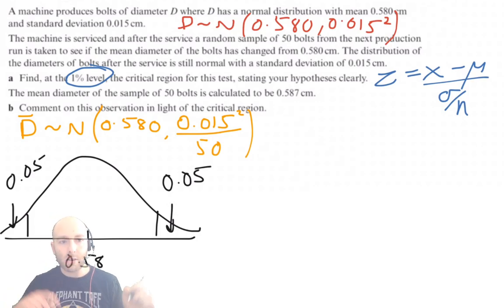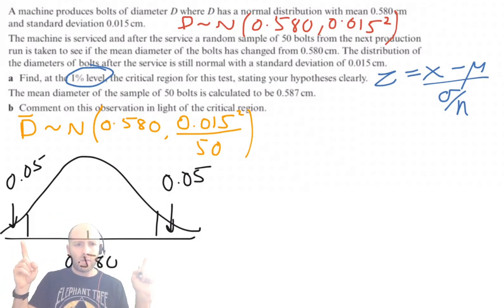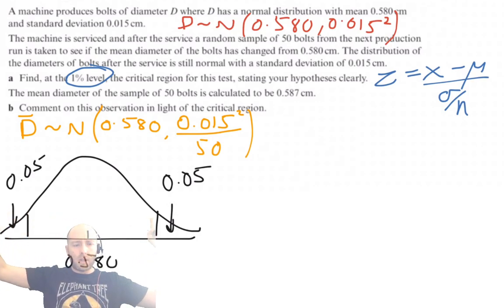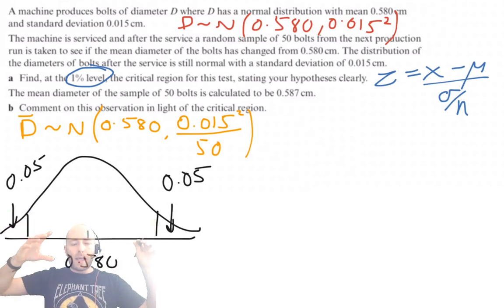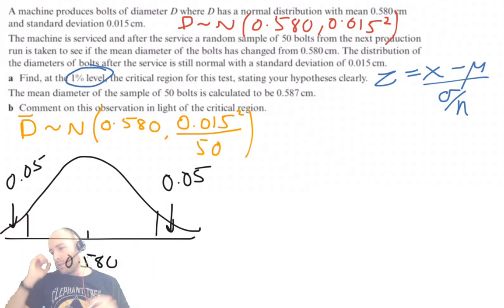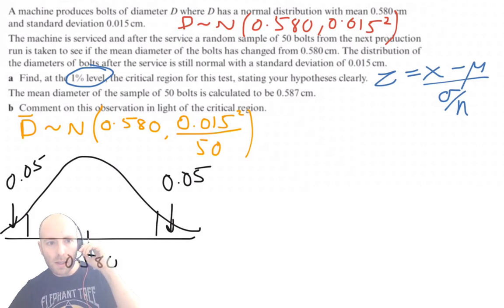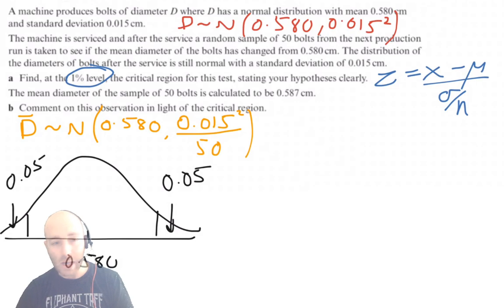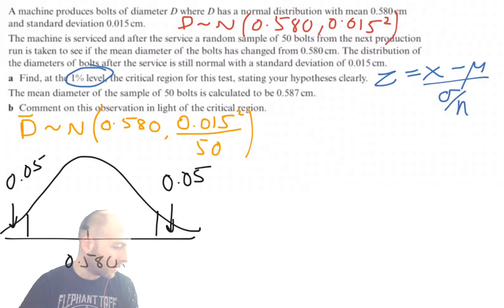We're trying to find these two values based on these two probabilities, based on a sampled mean distribution. So let's work out Z, and when we've got Z, we're going to put Z into that blue equation over there and use it to work out what X is, which is our critical regions. And I think in part B, we're actually going to do the test.